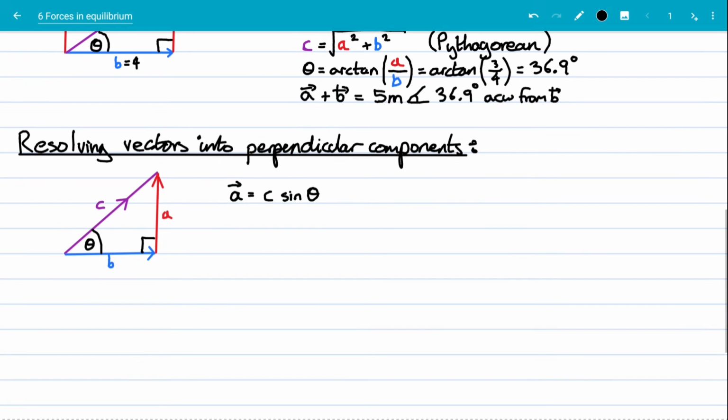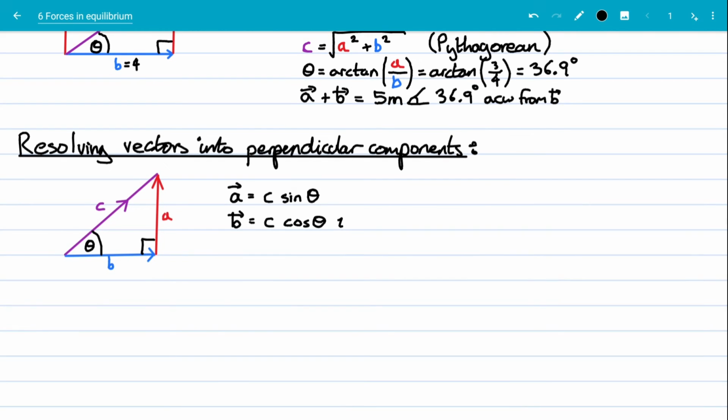And what would B be equal to? B would be equal to C multiplied by the cosine of theta. So we've got a direction in there because of what we're measuring theta relative to. And if we wanted to, we could chuck some unit vectors in there as well. Usually the horizontal unit vector is written as I, and it just means that we're looking horizontally, and J means we're looking vertically.